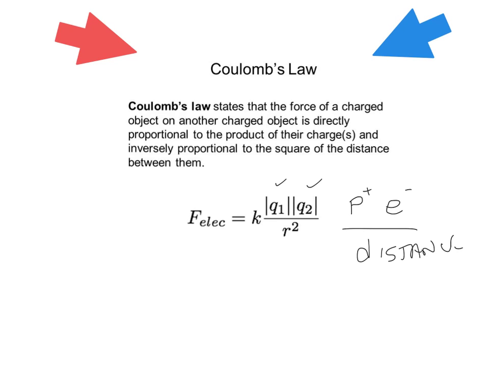Now, it also has a constant here, but since we're talking the same for everything, we can just ignore this, because in chemistry you're never going to have to figure out what the actual charge or amount of this force out here is. You're just going to have to compare one to another to determine how one would come apart.